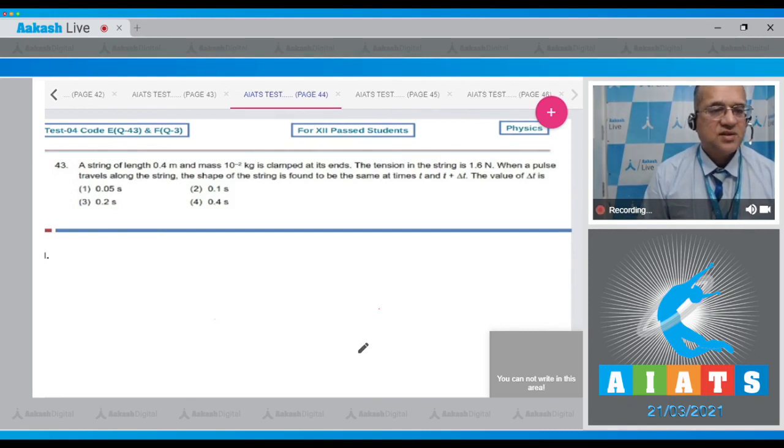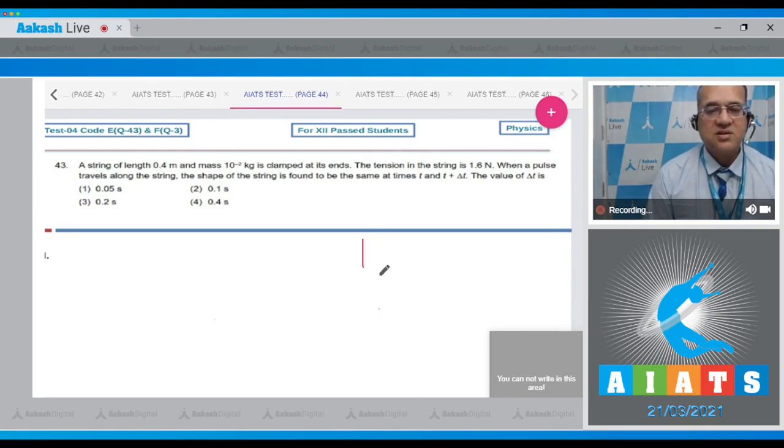Question 43: a string of length 0.4 meter and mass 10 to the minus 2 kg is clamped at its ends. The tension in the string is 1.6 Newton. When a pulse travels along the string, the shape of the string is found to be the same at time t and t plus delta t. Find the value of delta t.